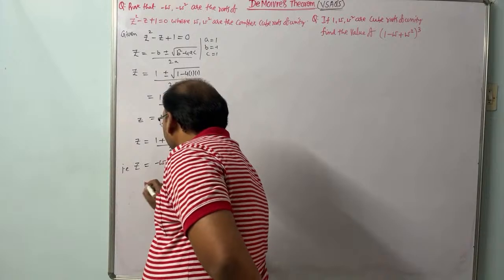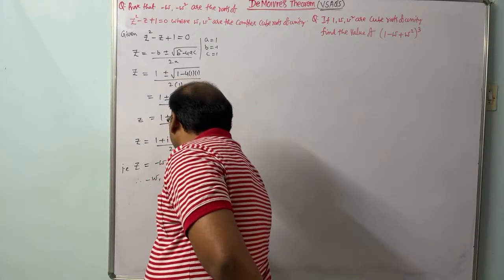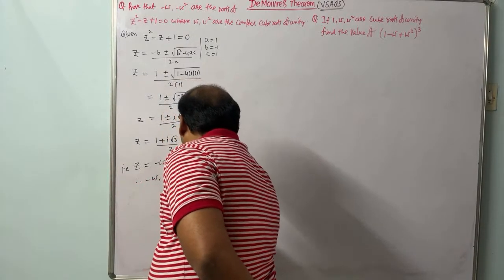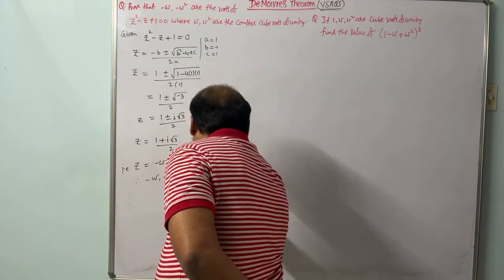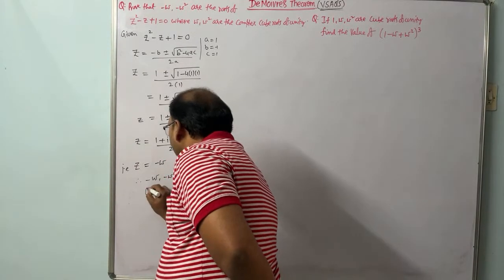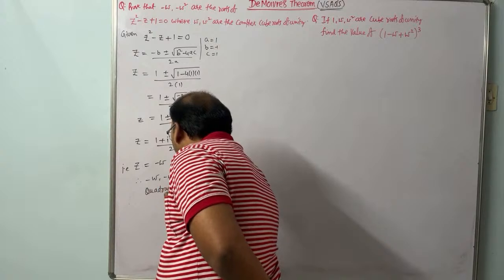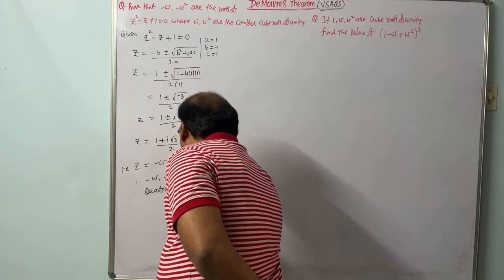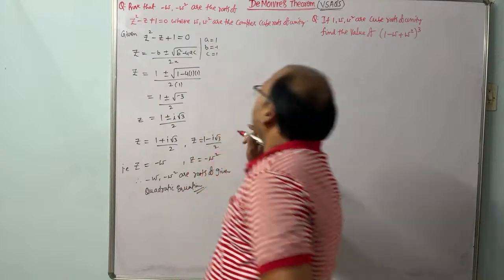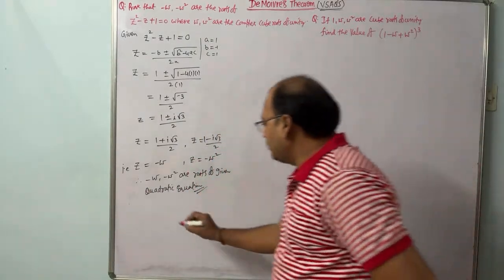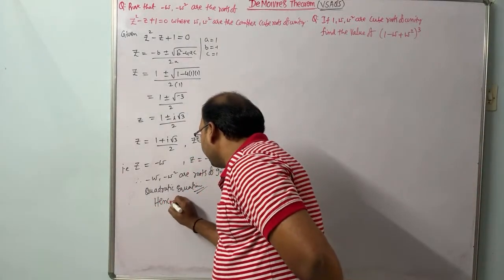Therefore, minus omega, minus omega square are roots of the given quadratic equation. Hence proved. They are asking prove that, no? Hence proved.